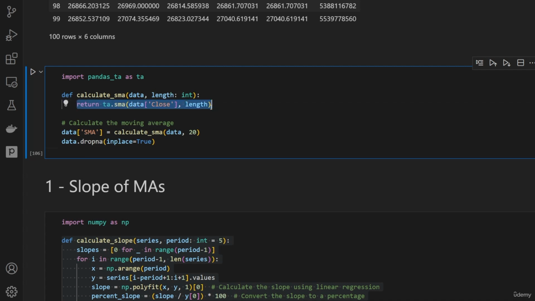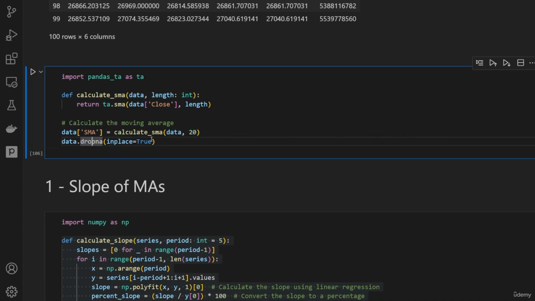It's going to return a series, a column that we're going to add to our data frame. That's what we're doing here. So data, this is my data frame, SMA, which is a new column, is equal to the result of calculate_sma with data as an input and 20 also as an input, which is the length of the simple moving average.